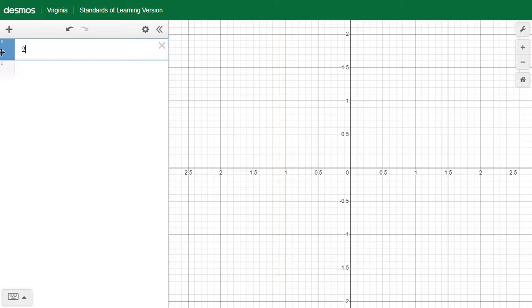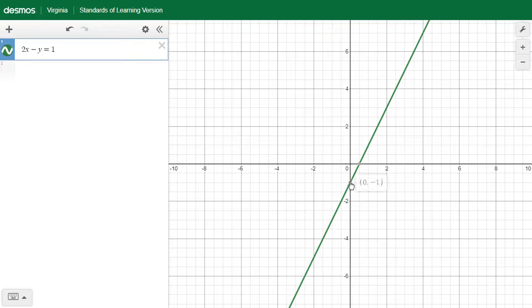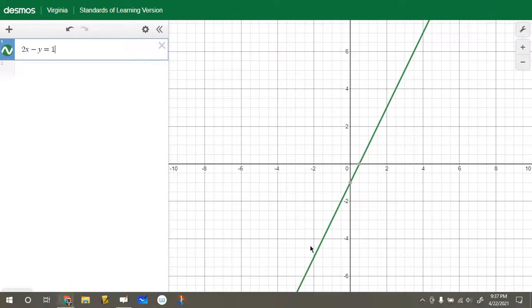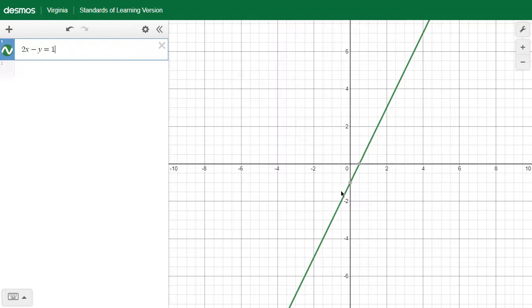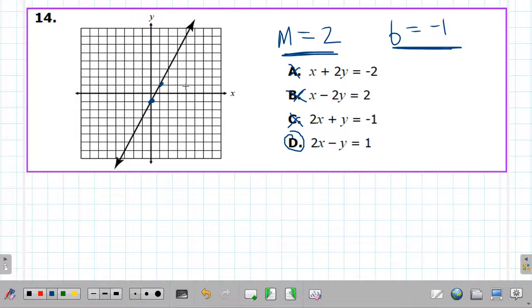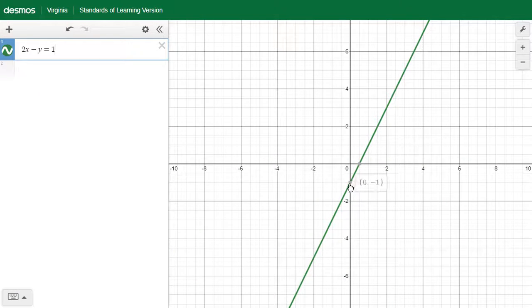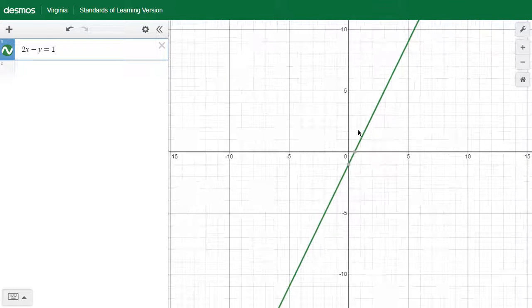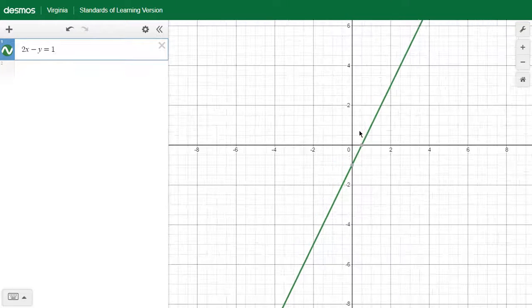So we've got 2x minus y equals 1. Okay, so it looks pretty good right so far. So we've got y-intercept at -1, y-intercept at -1. Looks very similar in steepness here, okay, but let's just double check it. So we go from, say, here to, which once again, it gets a little hard on this because everything's gridded out so weird.